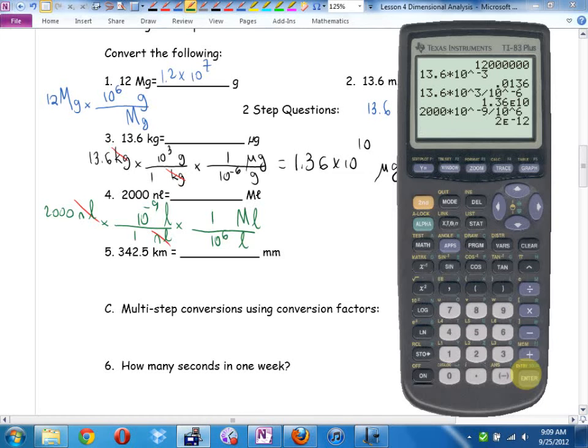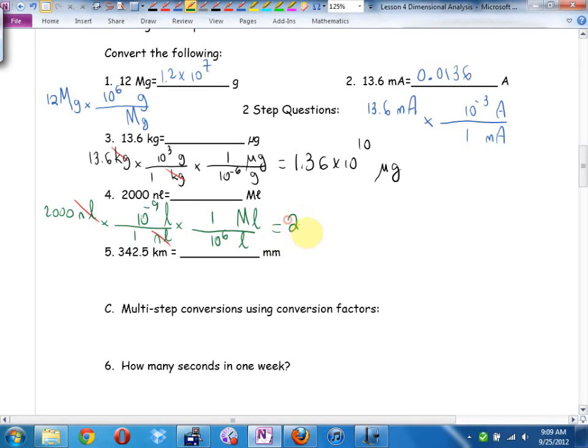For me, that's 2 times 10 to the negative 12. You want to make sure, because we spent lots of time last day playing with your calculators, that you remember how to go from scientific notation to floating decimal point on your particular calculator. 2 times 10 to the negative 12 megaliters. Is that okay?